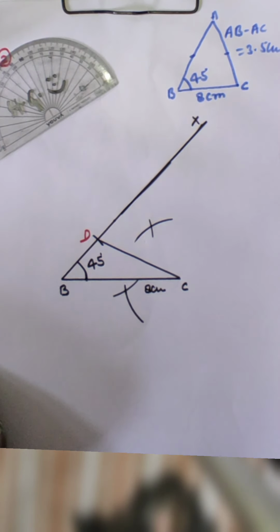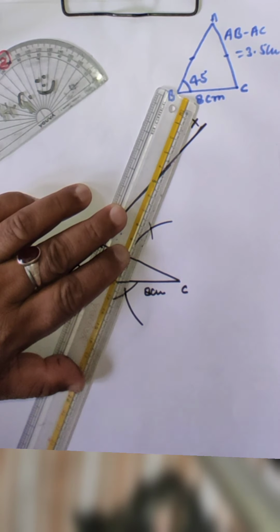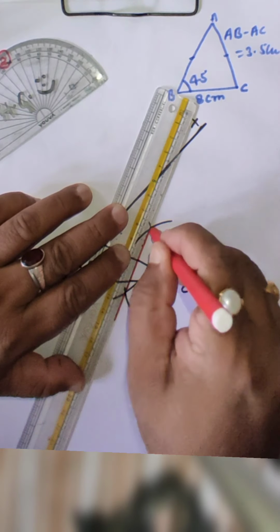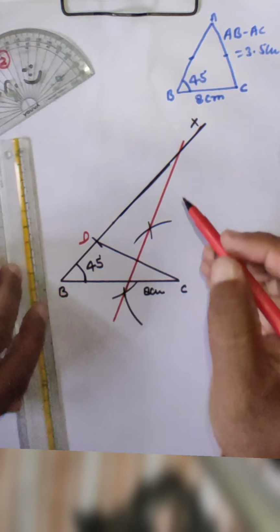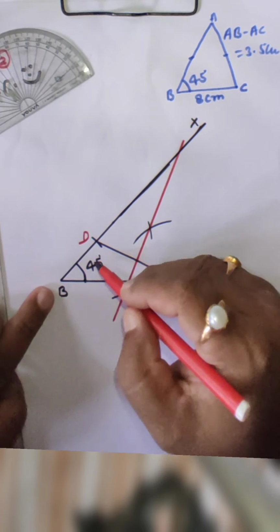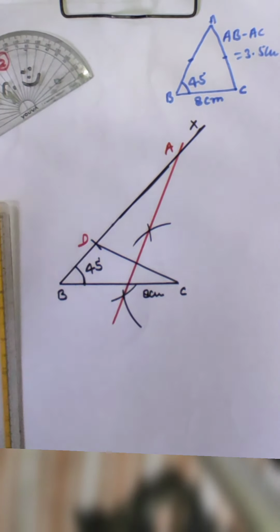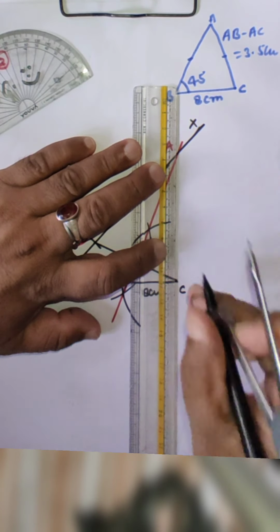Here I am using red sketch pen to show the bisector line. The bisector line intersects the BX at the point A. Join AC.